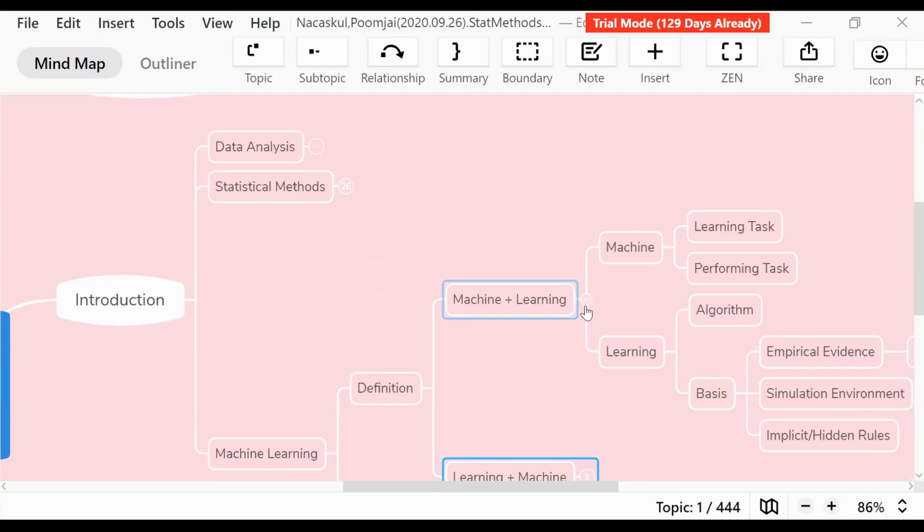I program the machine to do this task. But in a learning machine, what I program is the learning task. I program the machine to learn from data. And that's this part of it, this output.